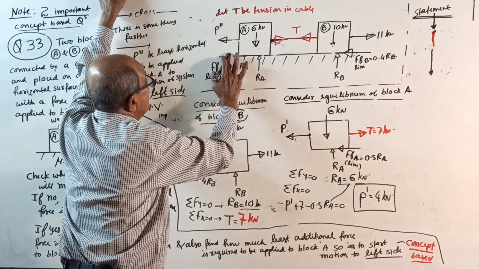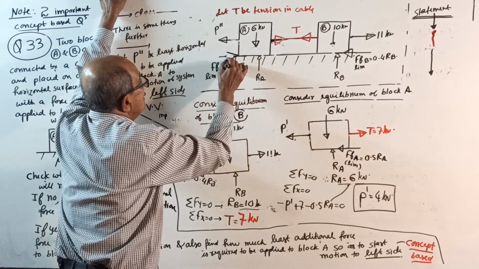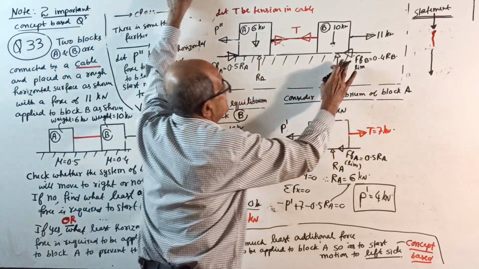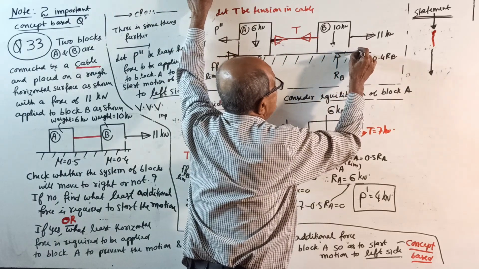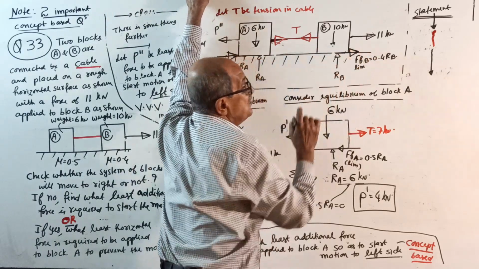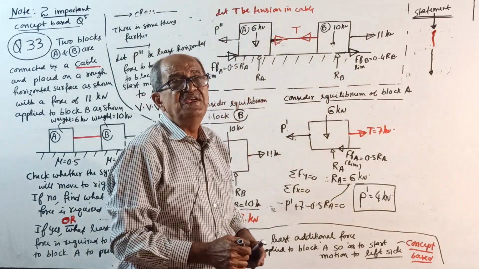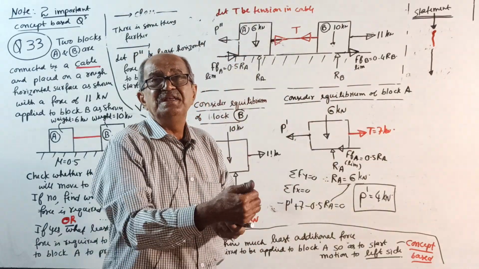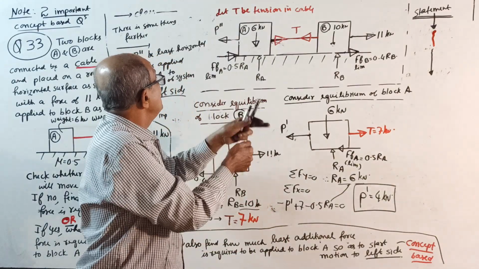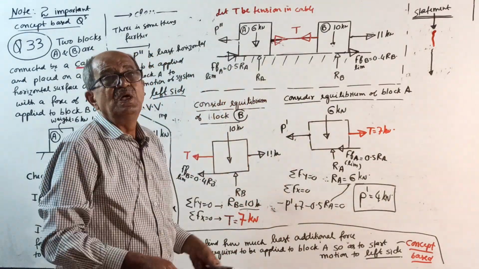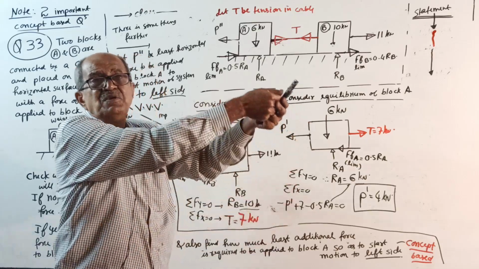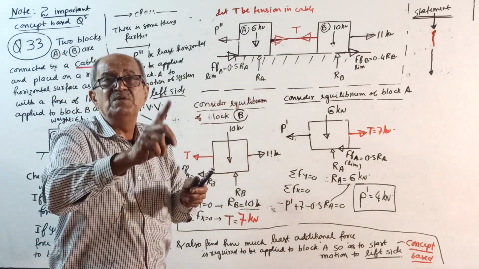Therefore, very important, the frictional force will reverse. See here, the frictional force will be to the right side. Why? If the tendency is to move to the right side, friction is left. Now, see what will happen. This P double dash will overcome the friction. Again, it will start moving this way. Then friction will become the other side.